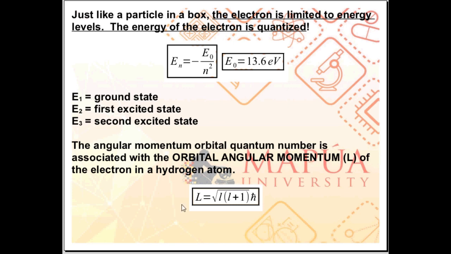The orbital angular momentum capital L is given by square root of small l times small l plus 1 times h bar. The angular momentum is limited to these values.